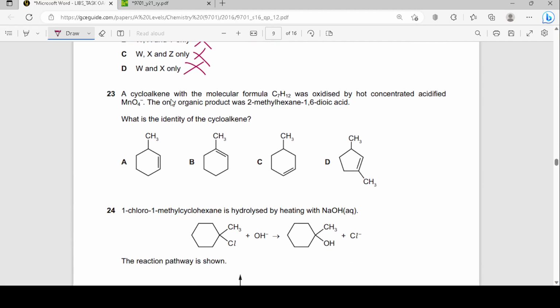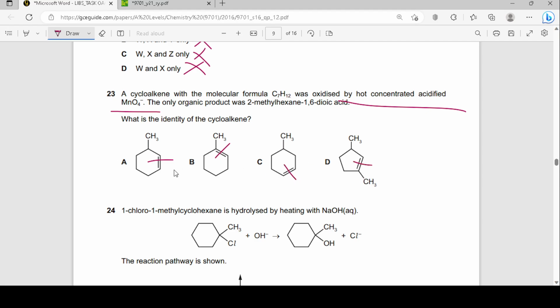Okay, next, a cycloalkene with the molecular formula C7H12 was oxidized by hot concentrated acidified MnO4-. The only organic product was 2-methylhexane-1,6-dioic acid. What is the identity of the cycloalkene? So hot concentrated acidified MnO4-, so this alkene bond will be completely ruptured, right?